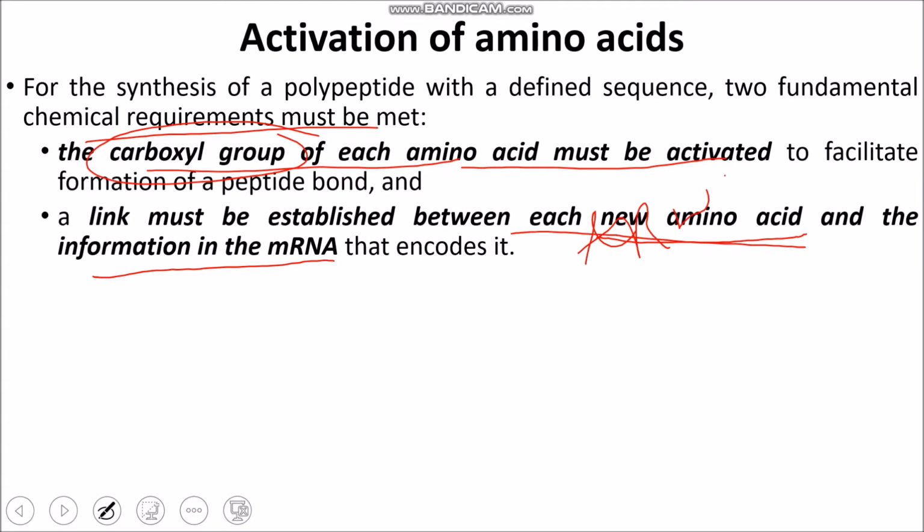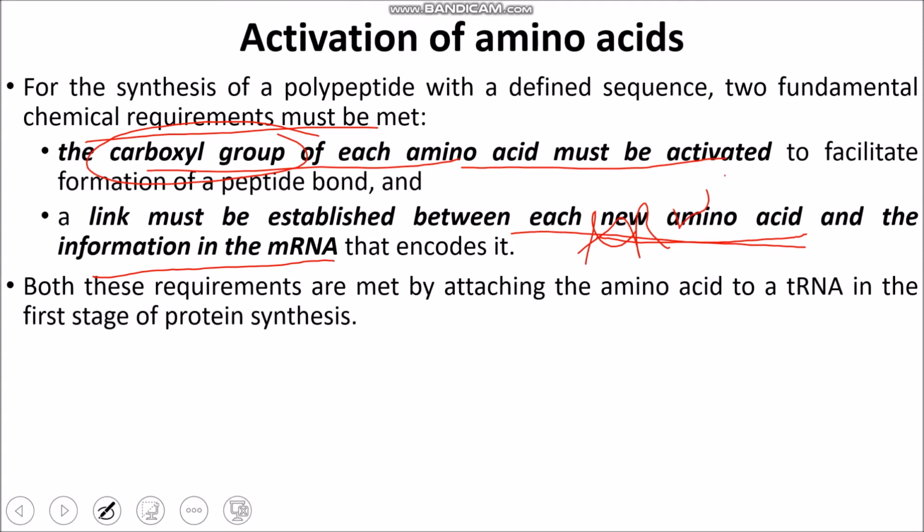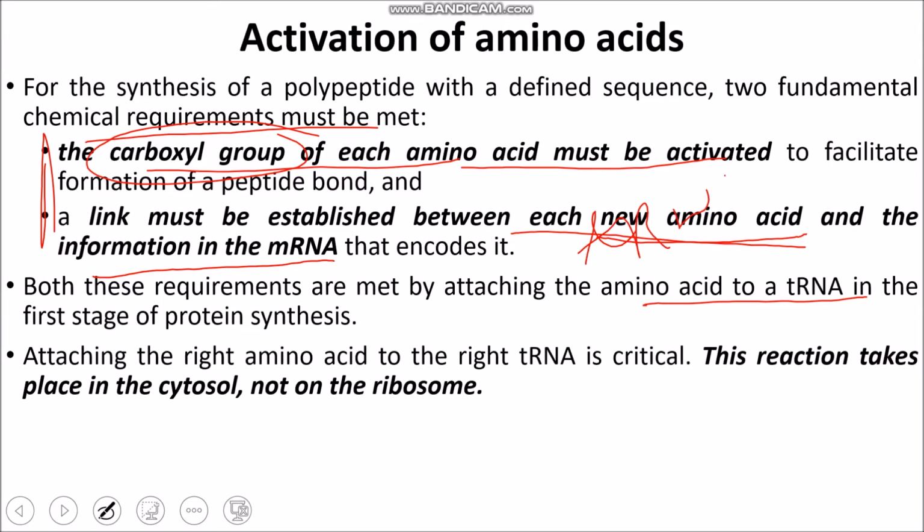So tRNA plays these two roles. Both these requirements are met by attaching the amino acid to the tRNA. Attaching the right amino acid to the right tRNA is very critical. This reaction takes place in the cytosol, not on the ribosomes.